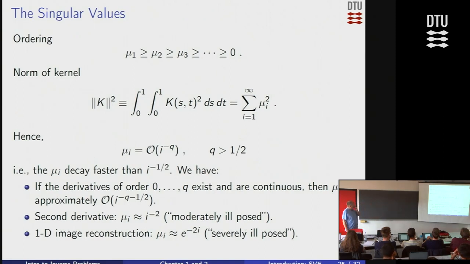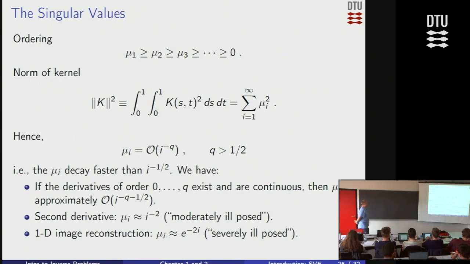Okay. So what can we say about the singular values? Of course, we have already told you that we order them so they are non-increasing. It's a nice ordering. It's nice to have them that way. It turns out that actually the squared norm of the kernel, defined in that way there, is the sum of the squared singular values.